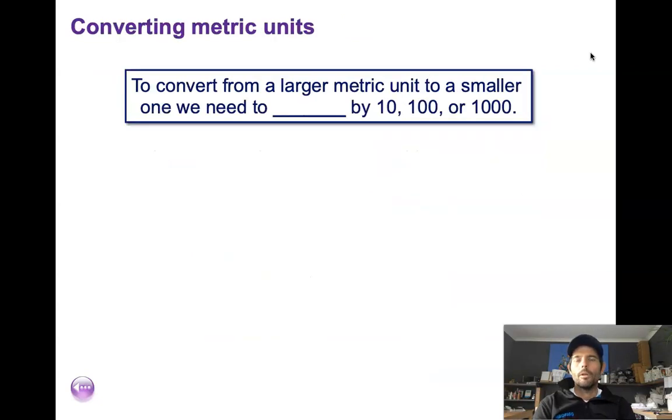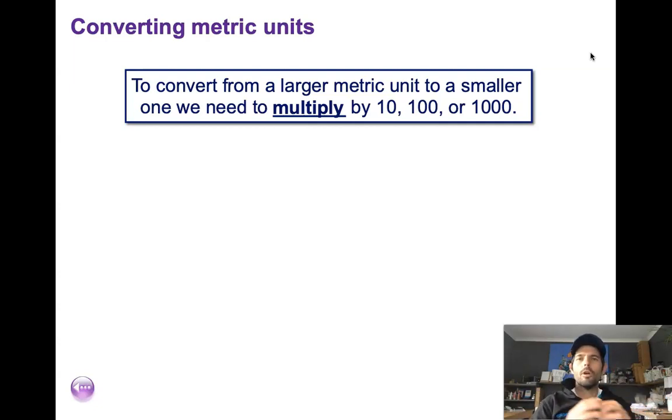So fill in the missing word and think back to the other presentation I talked you through to convert from a larger metric unit to a smaller one. So if I want to go from meters to centimeters, I would multiply by 10, 100, or 1000. Sometimes there's a bit of confusion because we're going from a larger to a smaller unit and then we're multiplying.